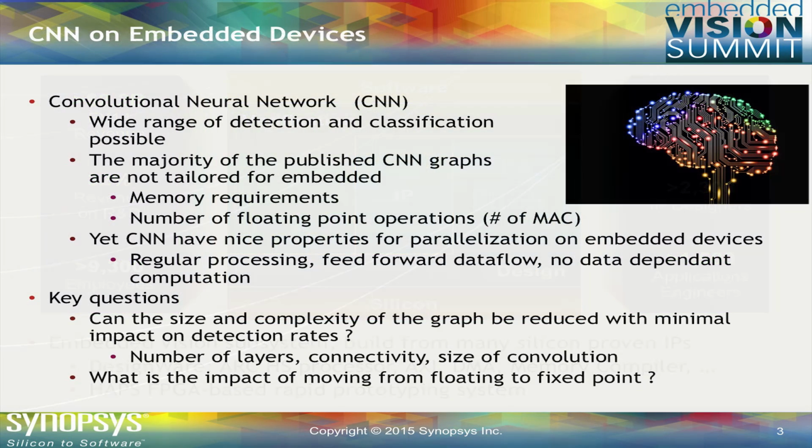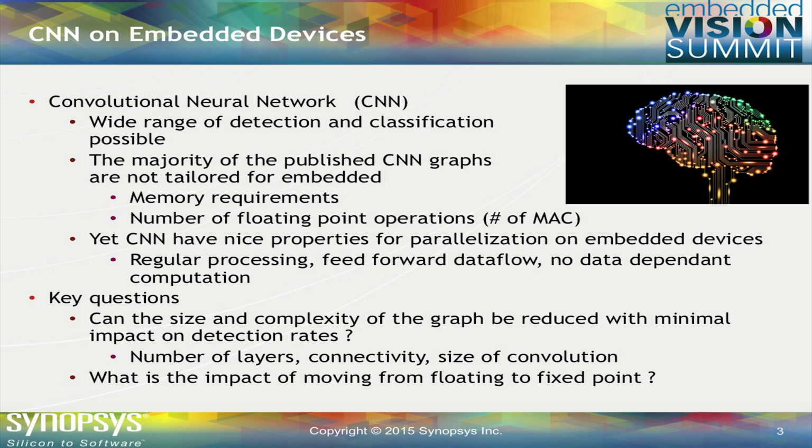All right. So I won't go into too much detail as to why neural networks are interesting, because we've seen the keynote this morning that talks about that. But just to say that today, the majority of the published CNN applications are not tailored for embedded devices. They have huge memory requirements, and they require a lot of floating point operations.